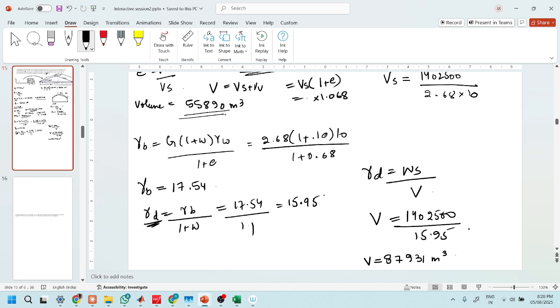We are going to get the same value from the two methods.